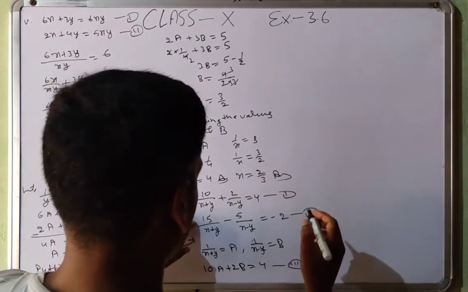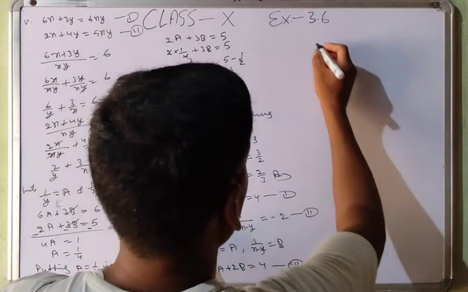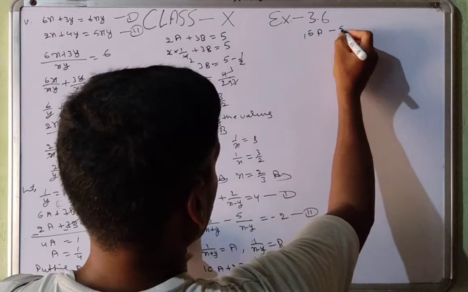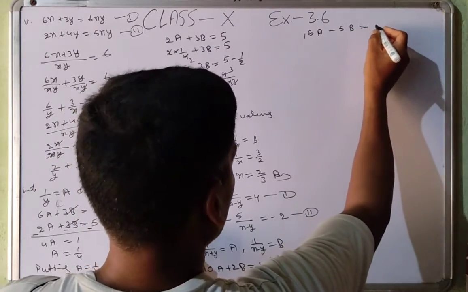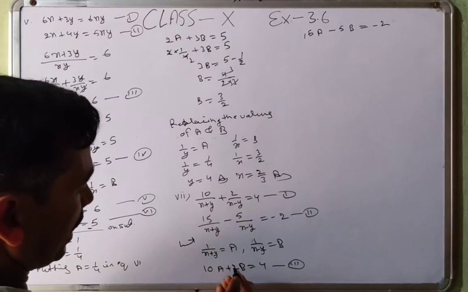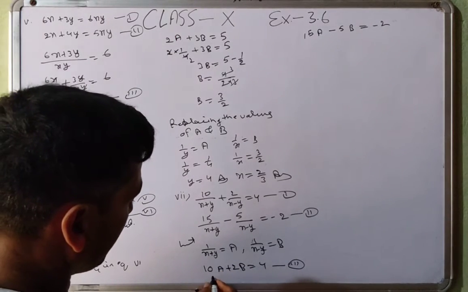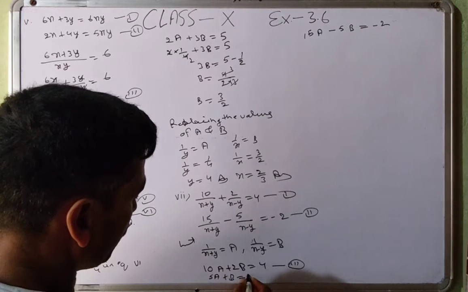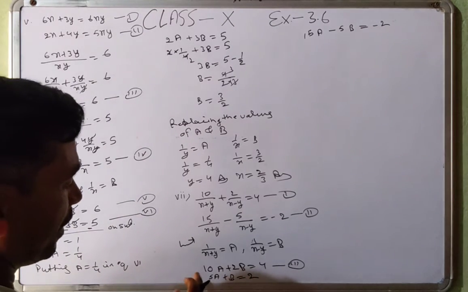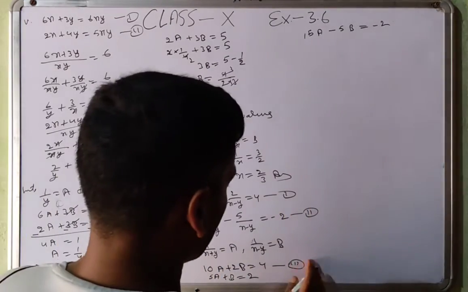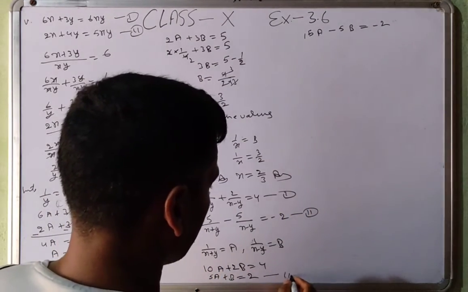And then 15a minus 5b is equal to minus 2. Or you can take the LCM also, by 2 LCM, that will be 5a plus b is equal to 2. By the 2 LCM we have cancelled by 2, this one and this one also. So that will be the third equation.